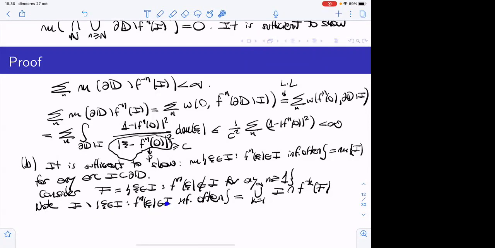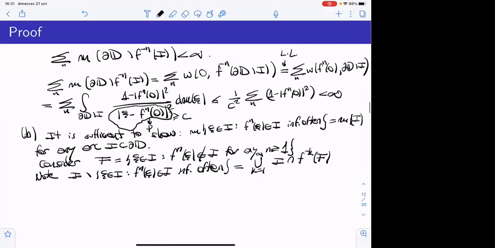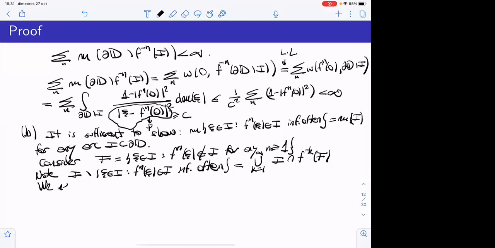So this means that there is an index in such a way that after this index, the orbit does not visit the arc I. So this is precisely what is written here, right? That there is an index k, such that after k iterates, you are in the set F, okay? So remember, we need to show that this has Lebesgue measure 0. So for that, it is sufficient to show that the measure of this set is 0 for any k.